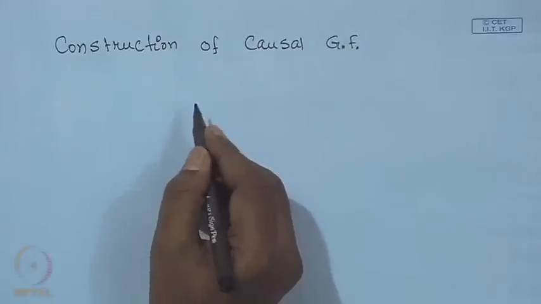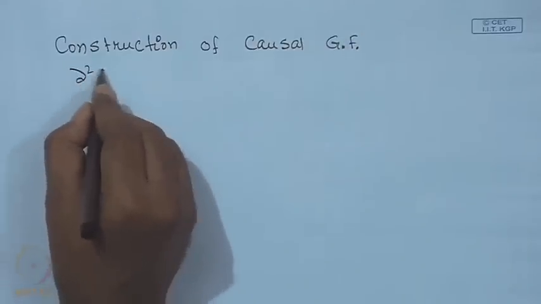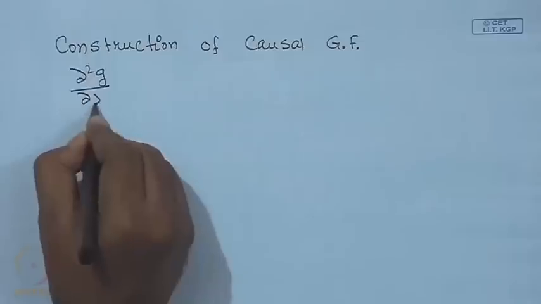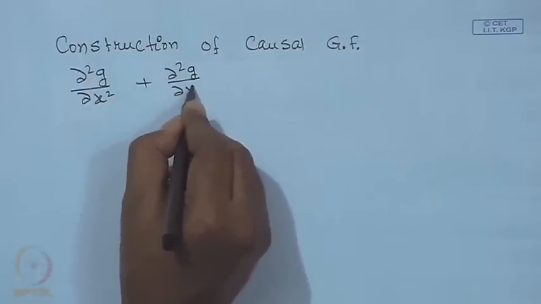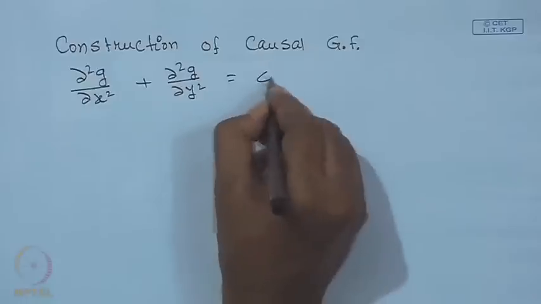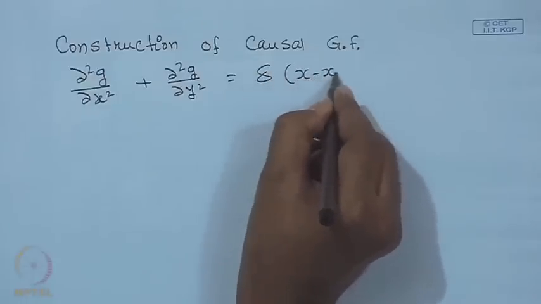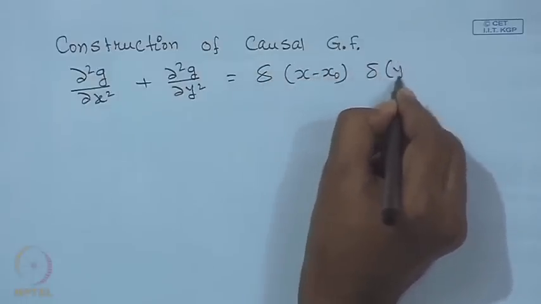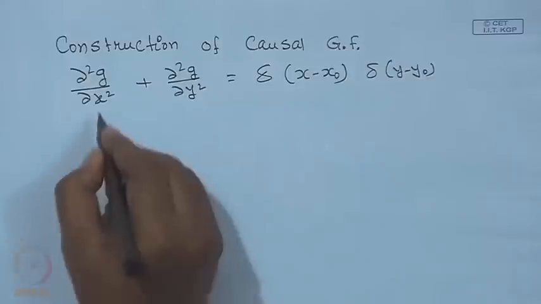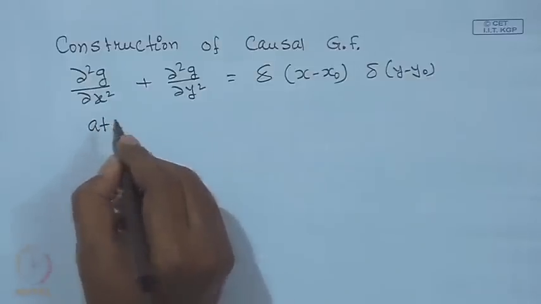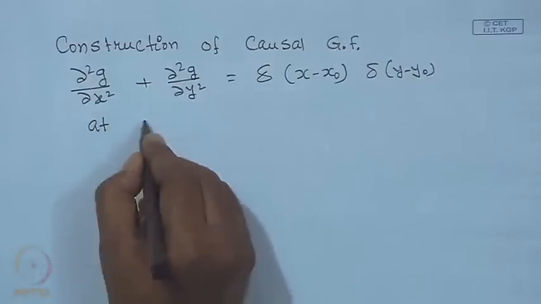In this case the definition of Green's function becomes del square g by del x square plus del square g by del y square is equal to delta of x minus x naught times delta of y minus y naught. So, the non-homogeneous term in the governing equation is substituted by the Dirac delta function, and we force all the other boundary conditions to be homogeneous.